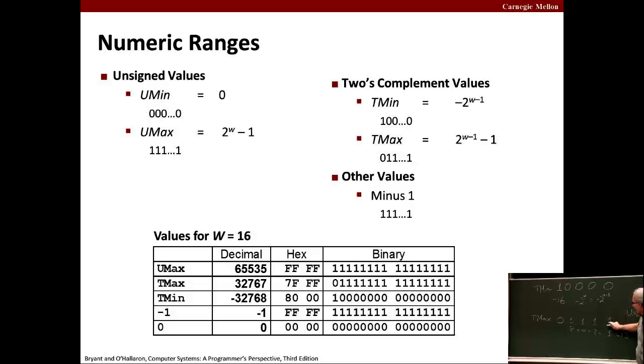If you were to increment this number by 1, you'd get 1, 1 is 0, carry 1, and so forth, and you'd carry that value up to this position. So there's various ways you can think about that. And then similarly, this number is 2 to the 4th minus 1. And so that's equal to 2 to the W minus 1 minus 1, as is shown here.